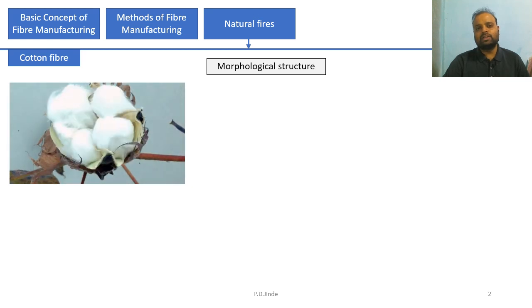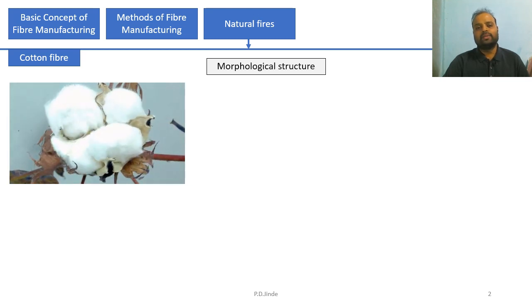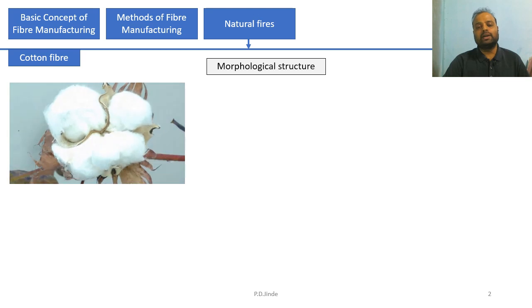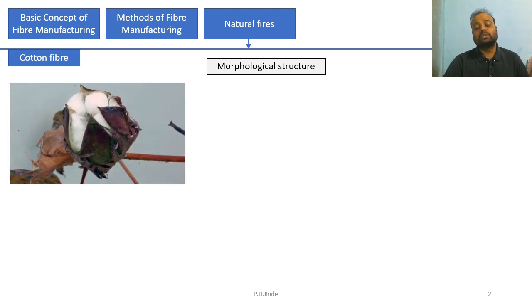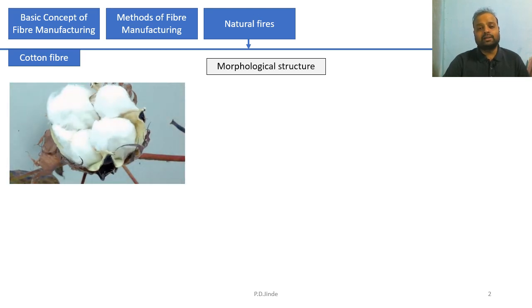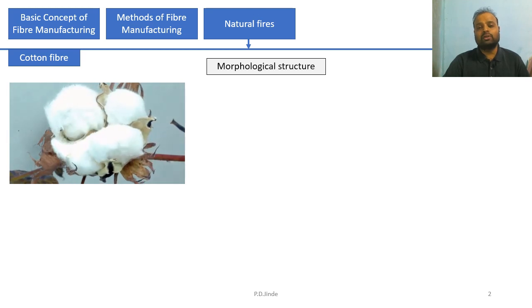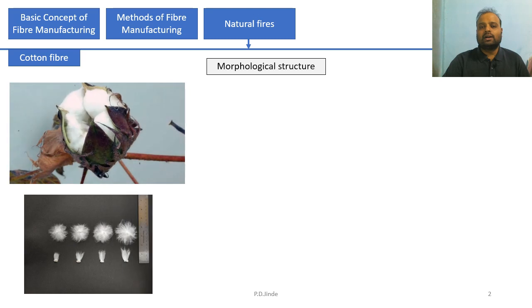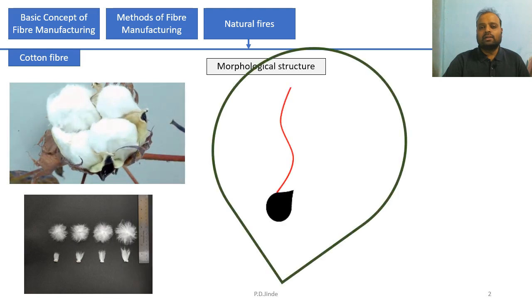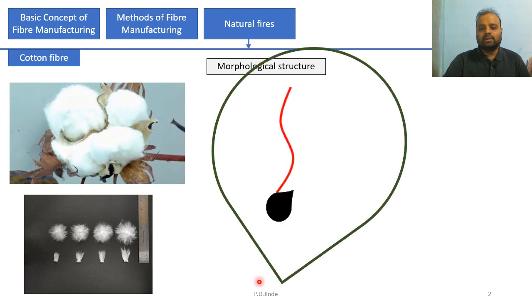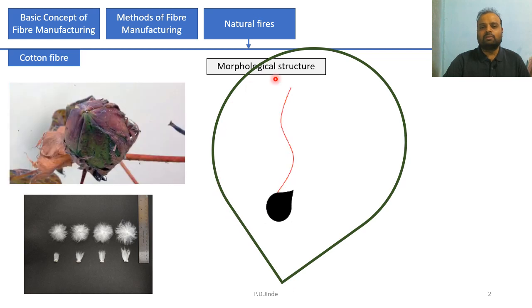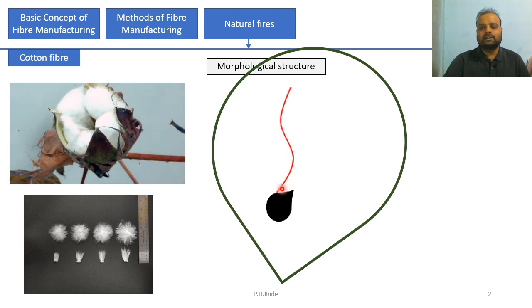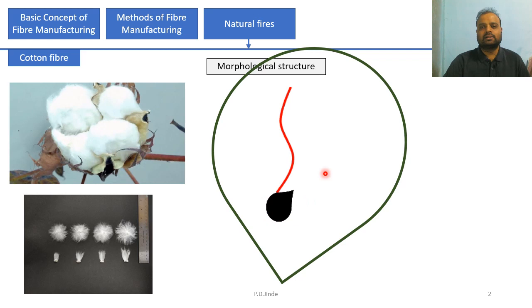Now the ball is exposed, and the fibers are opened up to the atmosphere. But before that, let's look at what is happening inside the ball. You can assume this is our ball and it contains a seed.